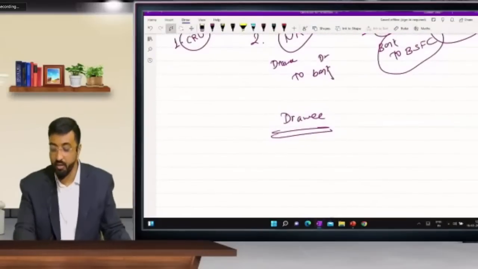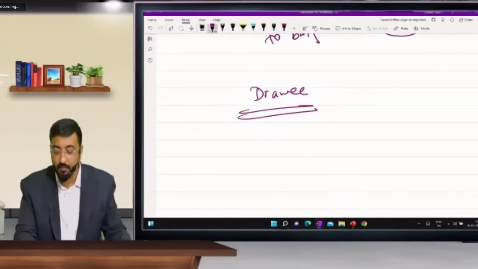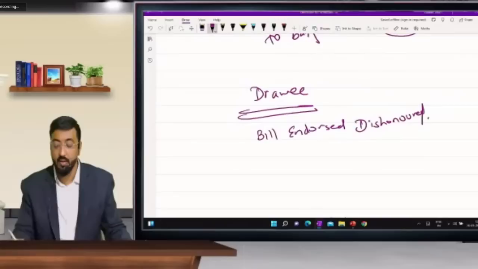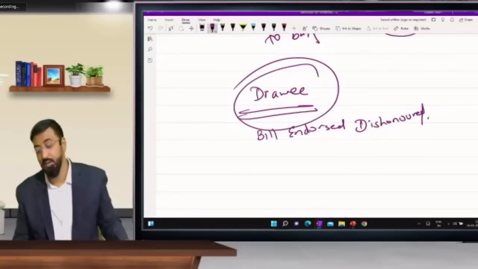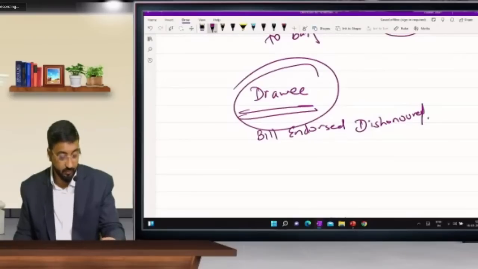So decider question in the books of Drawy. Drawy के बुक में, bill endorse dishonor. Drawy's books, will endorse dishonor.